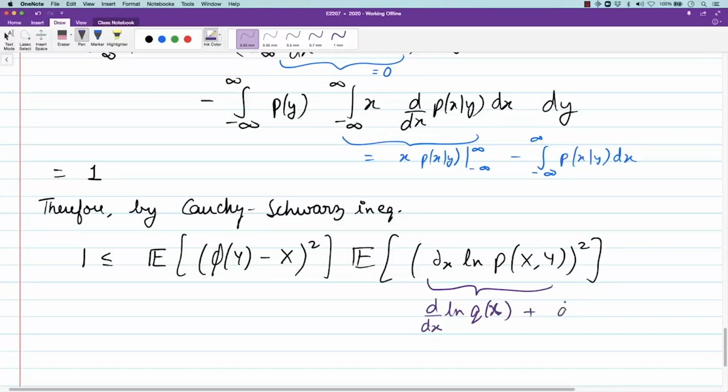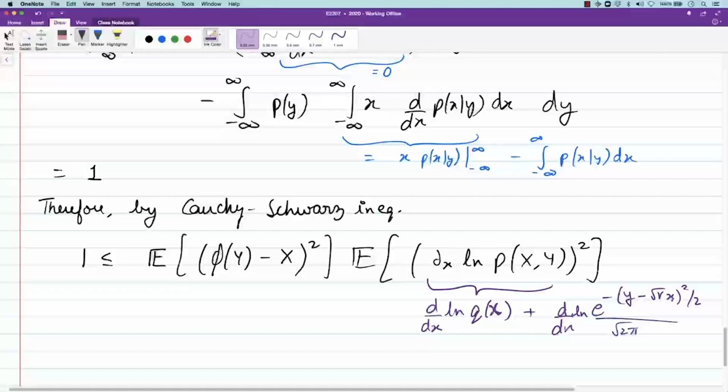So this is d by dx of the Gaussian density of y minus root gamma x whole square by 2, divided by root 2 pi. So when we take this derivative, we will just see that we get y minus root gamma x times root gamma.